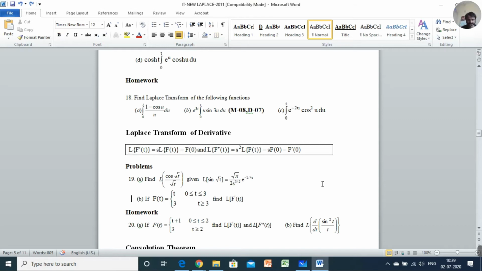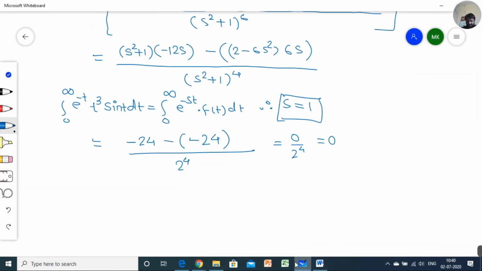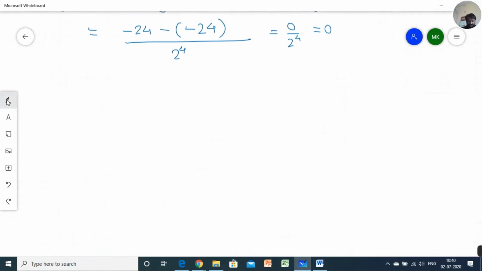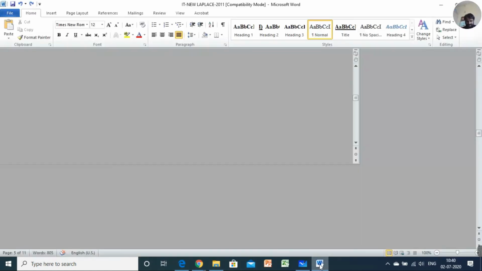Suppose I take this question as an example, question number 19b. See, that root t part is completely outside, because this function is generally represented as an error function, and this part is out of your syllabus, so don't think about it. Now see, I'm going to explain one question about Laplace transform of derivative. The question is clearly given: we already solved such kinds of questions.